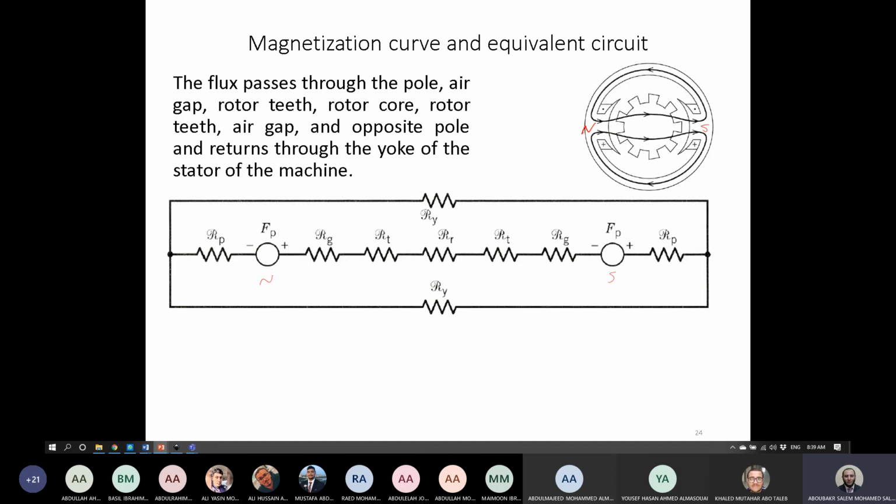However, if we assume the flux operates in linear parts, and we can assume that the reluctance of the core itself is very small compared to the reluctance of the air gap, in this case we can simplify the circuit like that.